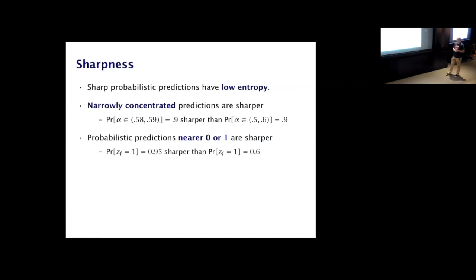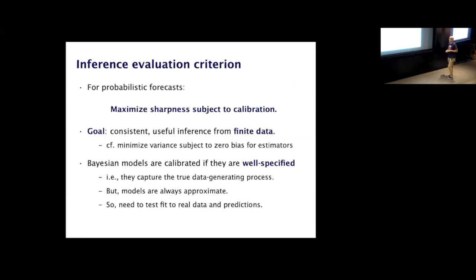Similarly, probabilistic predictions that are closer to 0 or 1 are sharper. So sharpness is an entropy kind of notion. How much entropy is there in your predictions, essentially? And what we want to do for probabilistic forecasts is maximize the sharpness of our inferences subject to calibration. The nice part about Bayesian models is that if they're well specified, they're well calibrated in most cases.